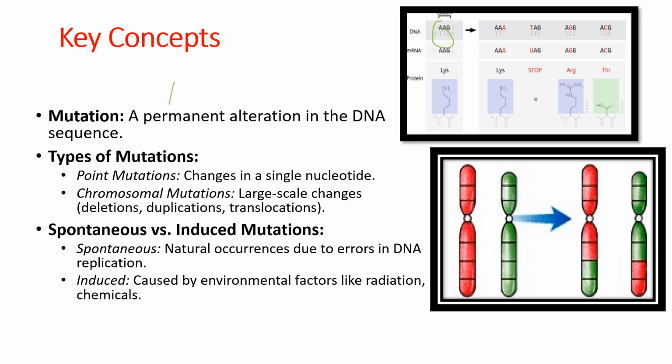What happens is, these small changes can have significant effects on an organism. In this photograph that I have used here, you can see there are several changes in the nucleotides or codons.